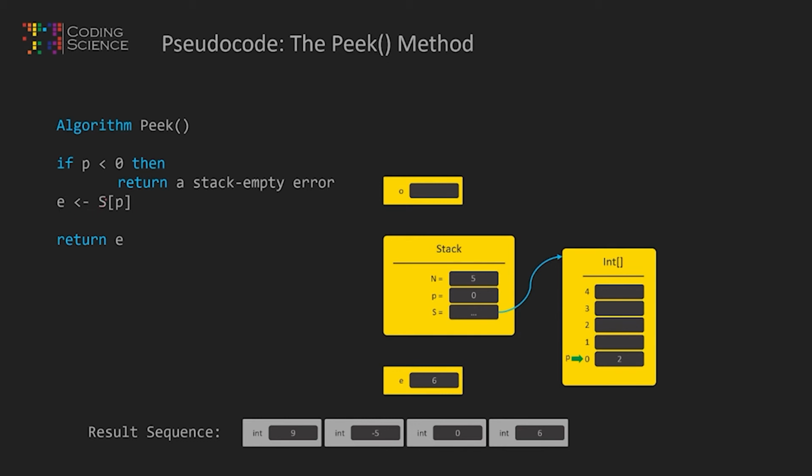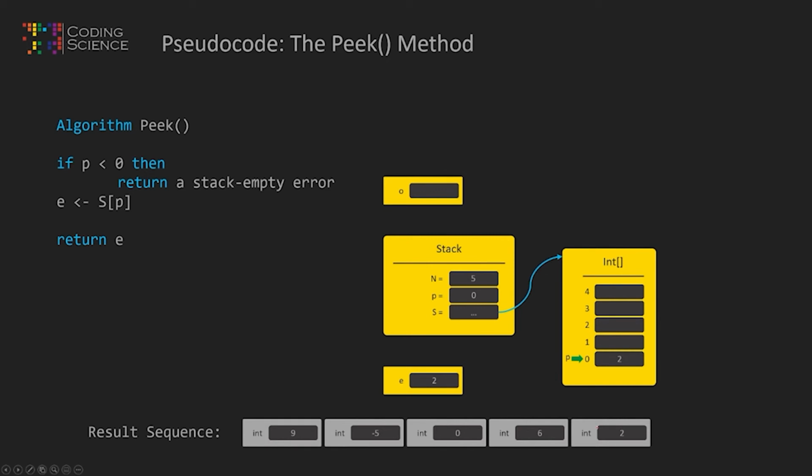Here we take the value from the array S at the position P, which here is the value 2, and we will put it into the variable E. There we go. And then we will return E. So in our sequence of results, we'll get the number 2 here.